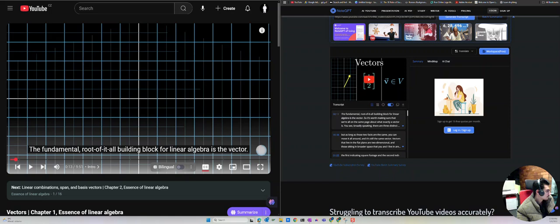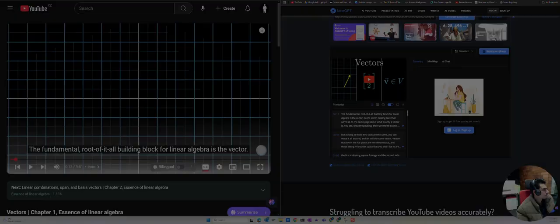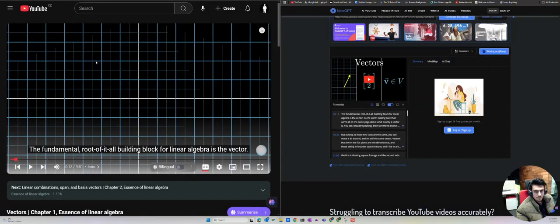The fundamental building block for linear algebra is the vector. So it's worth making sure that we're all on the same page about what exactly a vector is.